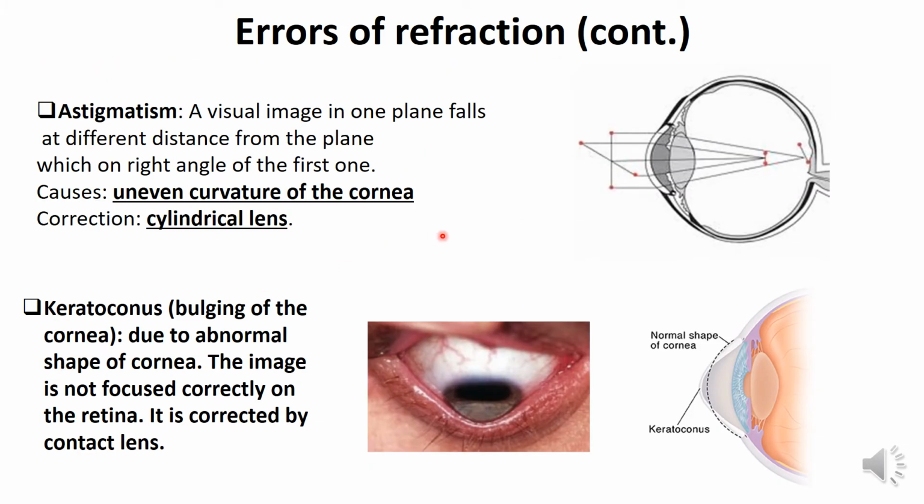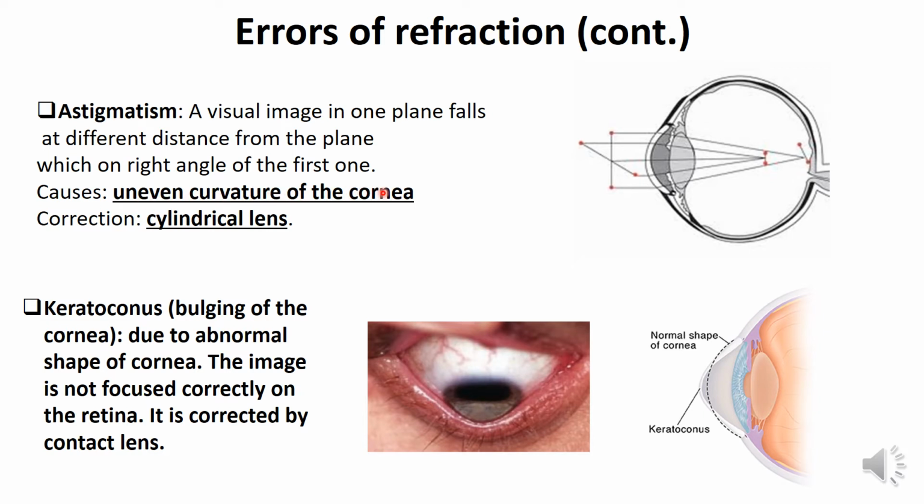We have another two types of refractive errors. One of them is called astigmatism. Its cause is unevenness in the curvature of the cornea.